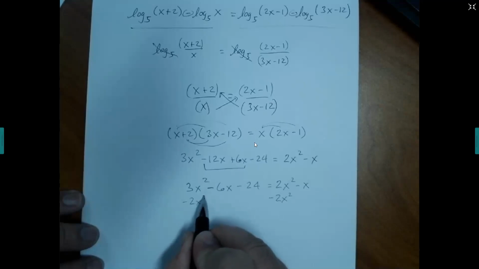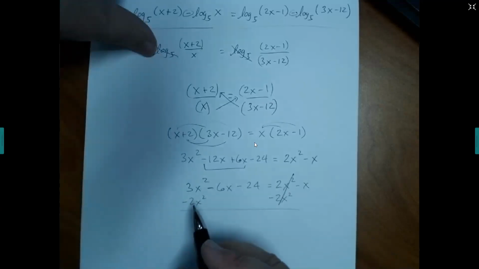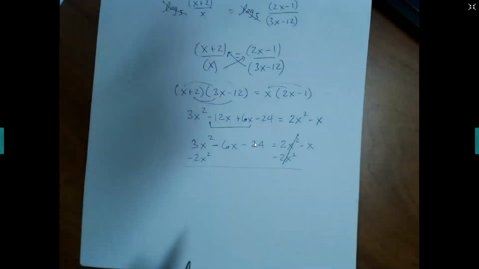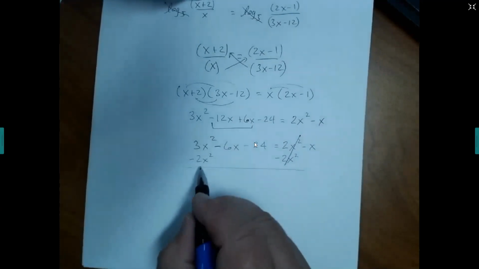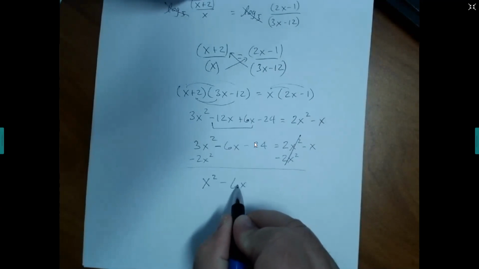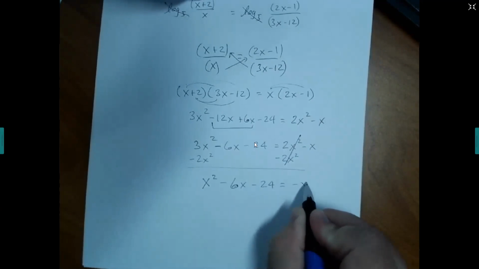Subtract 2x squared from both sides. 3x squared minus 2x squared is 1x squared, so it's x squared. Bring down everything else: minus 6x minus 24 equals negative x.